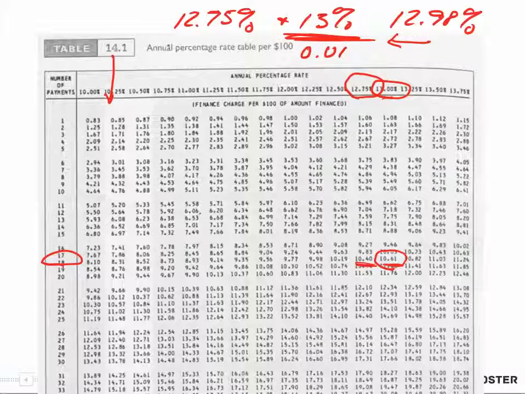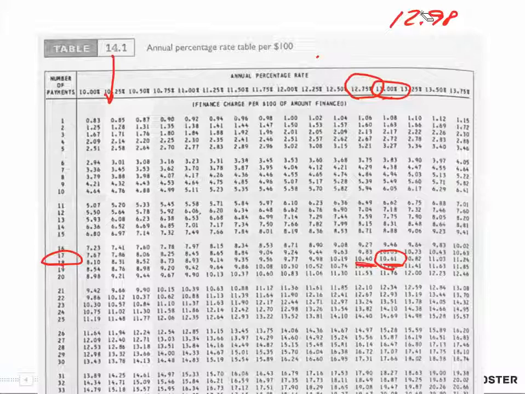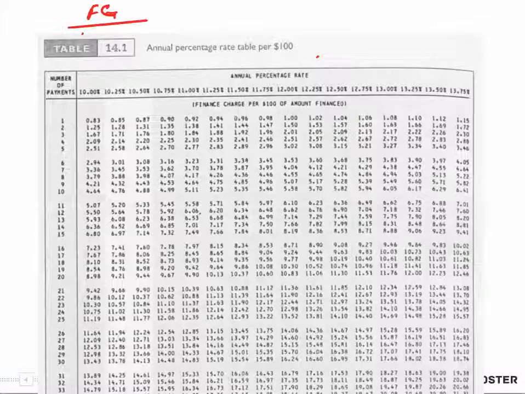Let me erase some of this. Again, we had the finance charge, and we divided that by the amount financed, and we multiplied that by 100 in order to get the 28.758, or 2876.